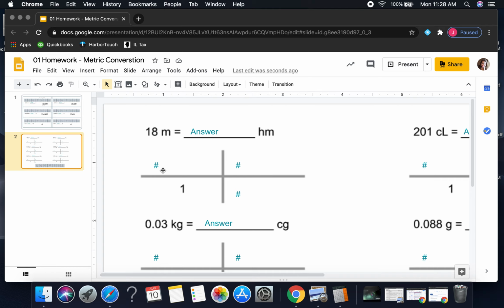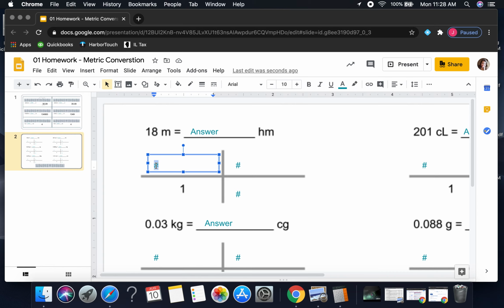In this very first box, you're always going to put whatever we start with. For this one, we're starting with 18 meters. Whatever unit you put up in this box, you're going to have to include it in this box down here. That's for them to cancel out.